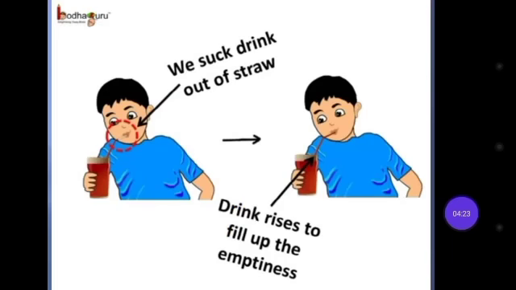When we suck drink out of the straw into the mouth, the straw is empty. When we suck, drink rises to fill up the emptiness in the straw. And this is how we are able to use a straw.